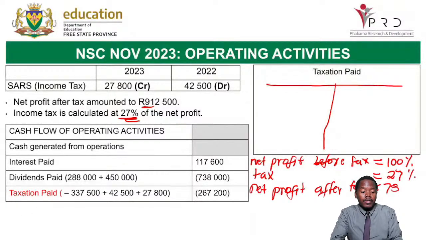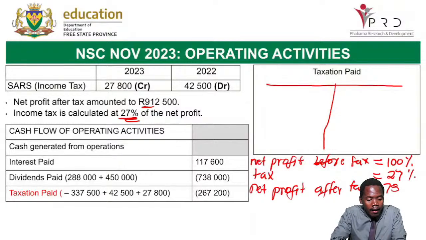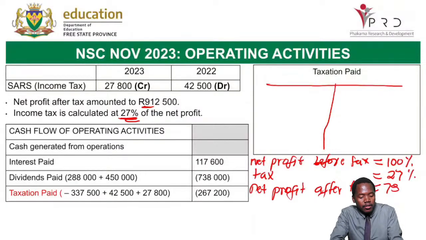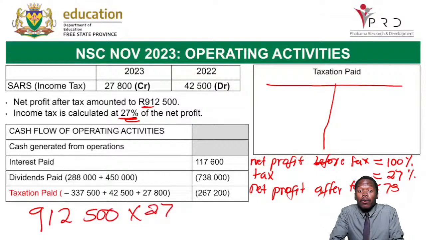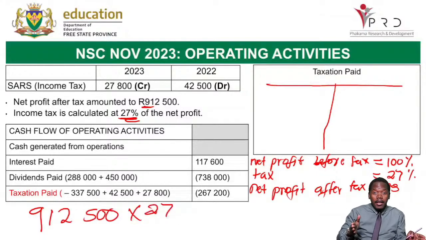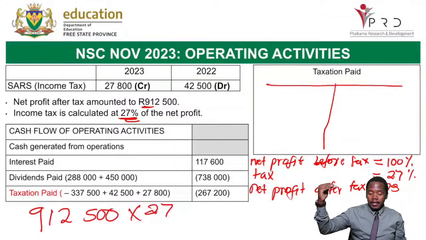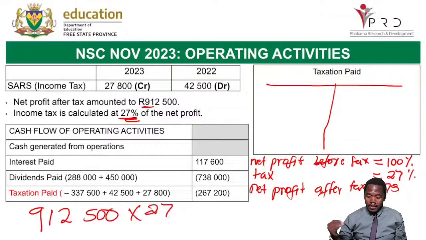Now, what is going to be my calculation? I will check which figure I am given. I'm given the net profit after tax. So now it's 912,500 multiplied by, because I'm looking for tax, 27 goes up. Remember, amount given multiplied by the percentage you want over the percentage you have.